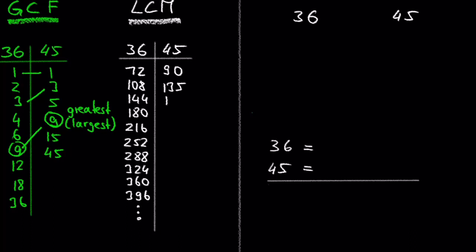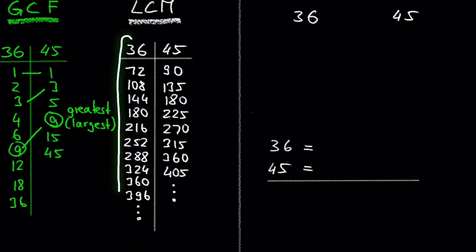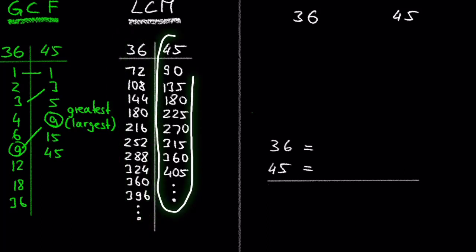135, 180, 225, 270, 315, 360, 405, and so forth. So these are the multiples of 36, and these are the multiples of 45.